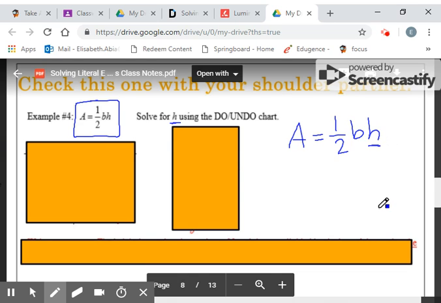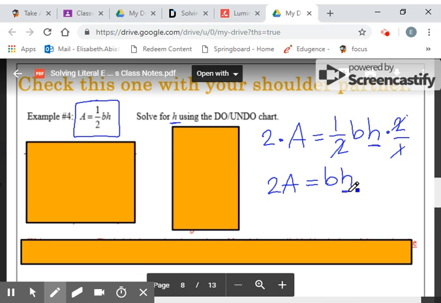So right now, h is being multiplied by two things. It's being multiplied by the base and 1/2. So we can get rid of 1/2 by multiplying its reciprocal, which is 2, or 2 over 1. So those will cancel out on the right side. And then we have 2 times the area equals the base times the height.